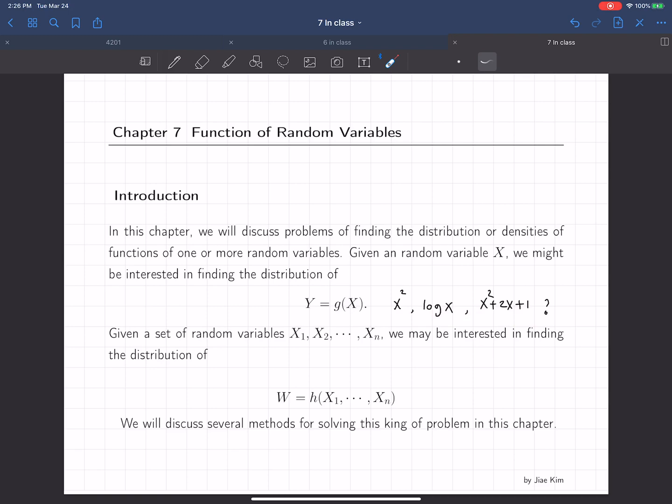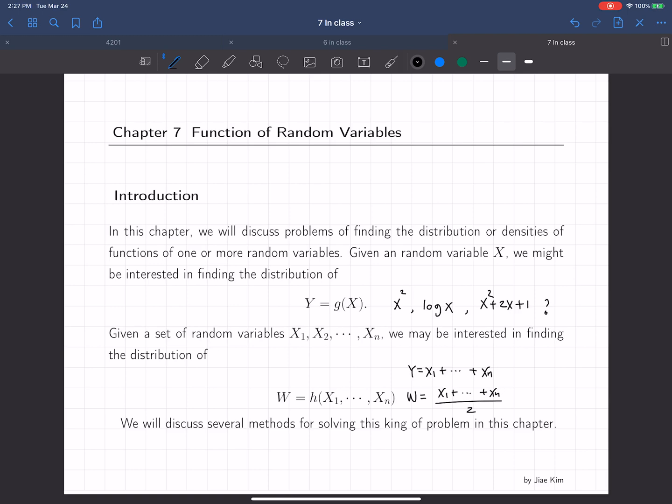Also, if we are given a set of n random variables, then we might want to find the distribution of a function of the given n random variables. For example, what is the distribution of the summation of them? Or the average of them?